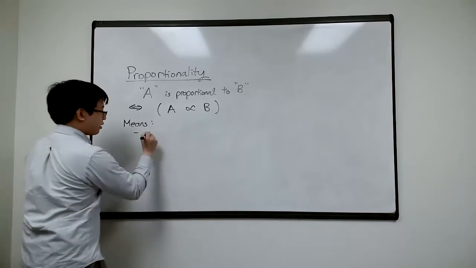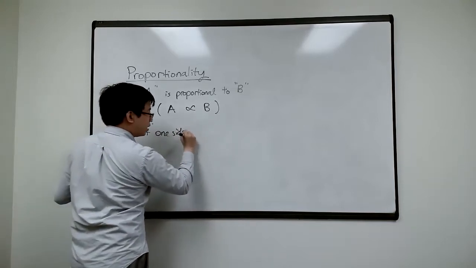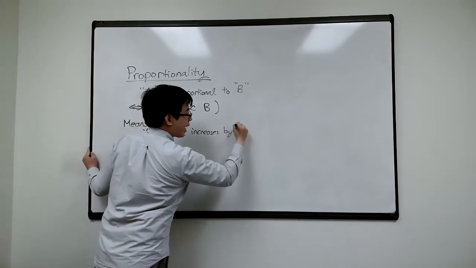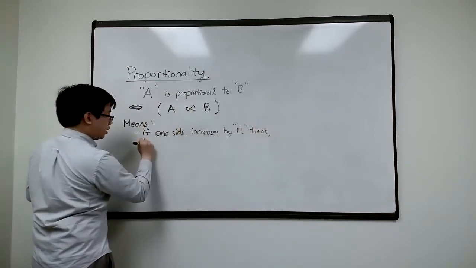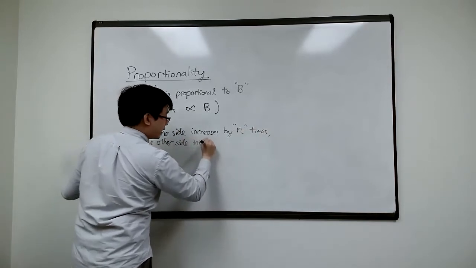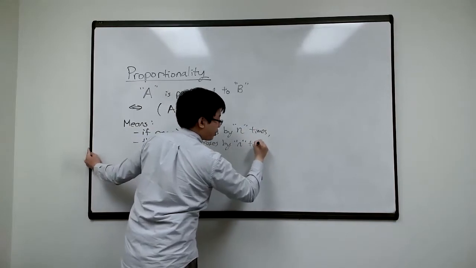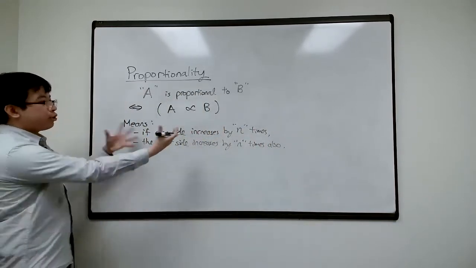Okay, so let's write that down. If one side increases by n times, the other side increases by n times also. So that's what it means when two things are proportional.